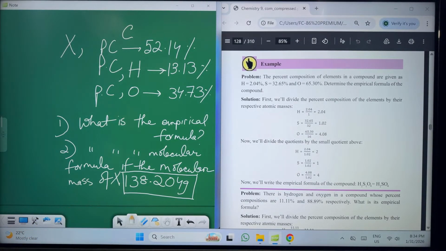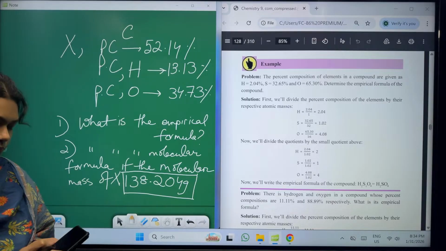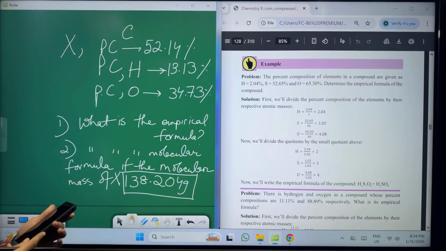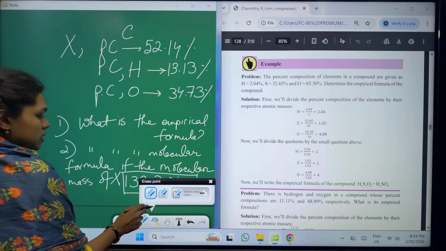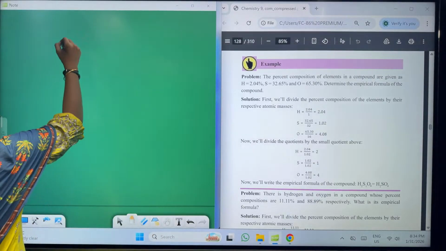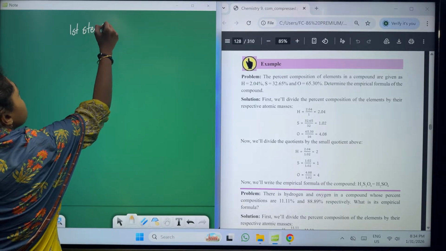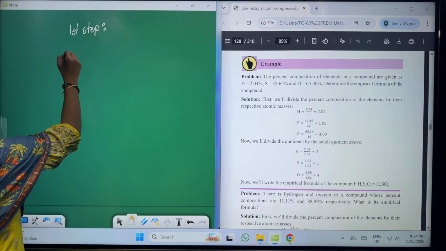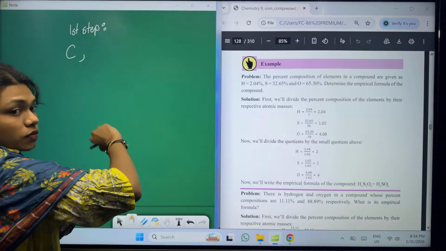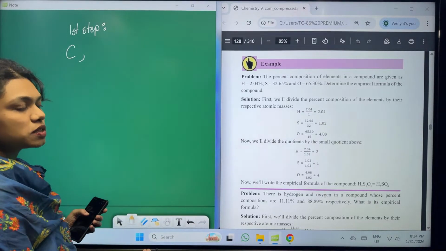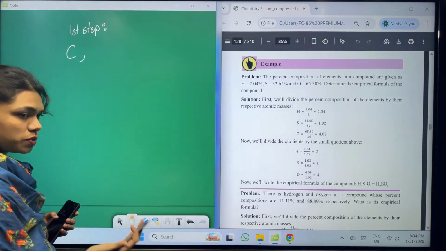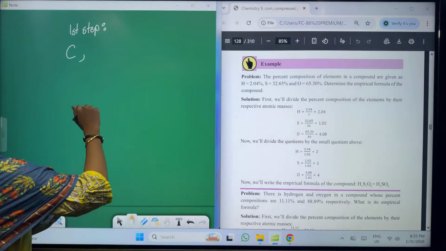Okay, I'm going to erase this. So what is the first step? Remember, the first step was you have to divide the magnitude of percentage composition by the atomic mass of that element.